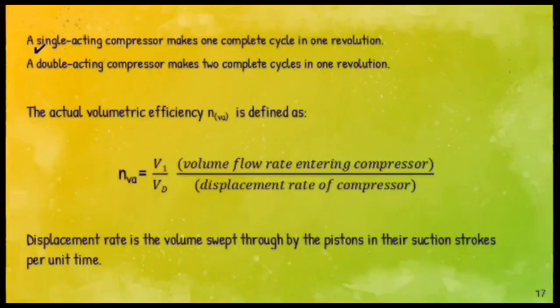A single acting compressor makes one complete cycle in one revolution, and a double acting compressor makes two complete cycles in one revolution. So we have the actual volumetric efficiency.